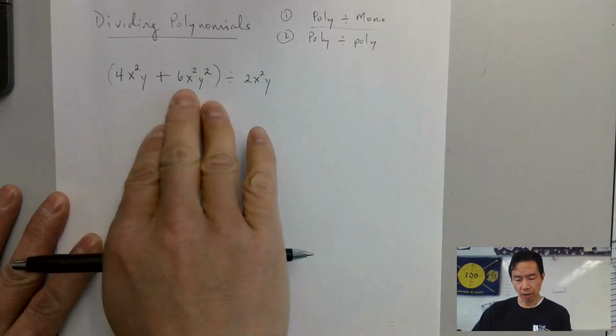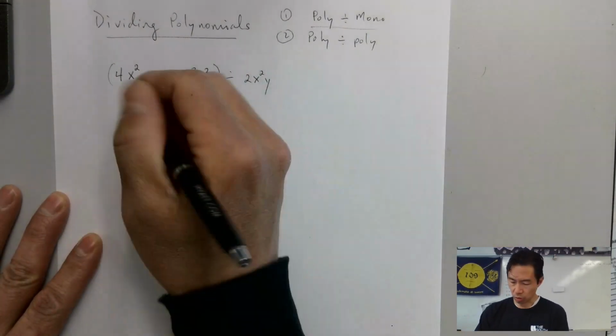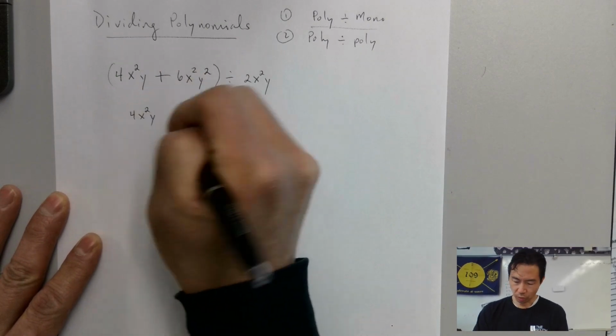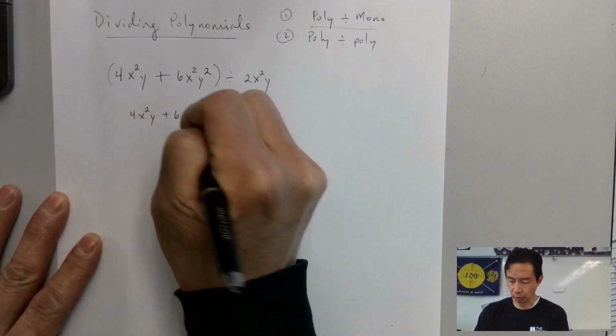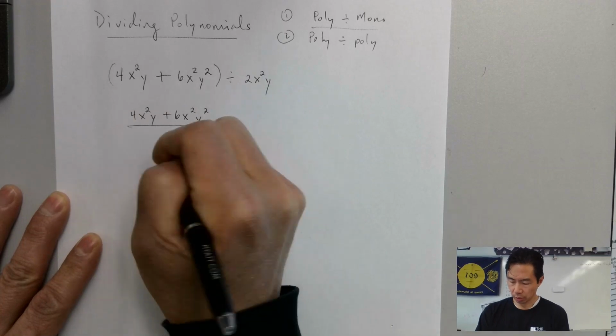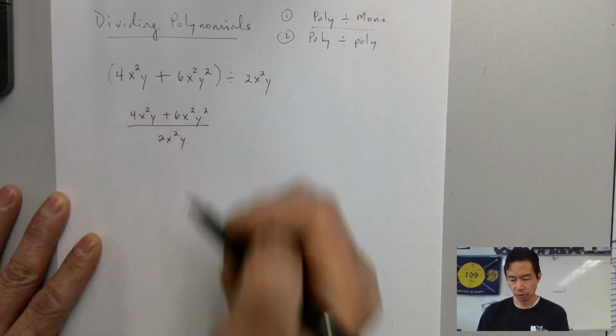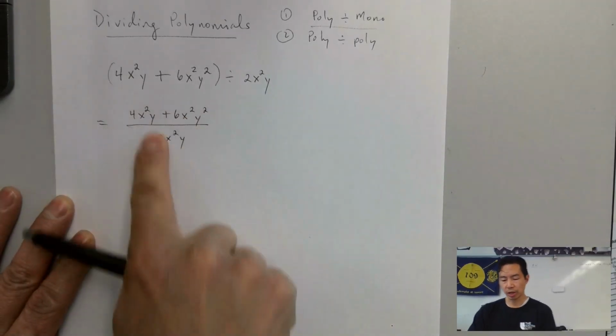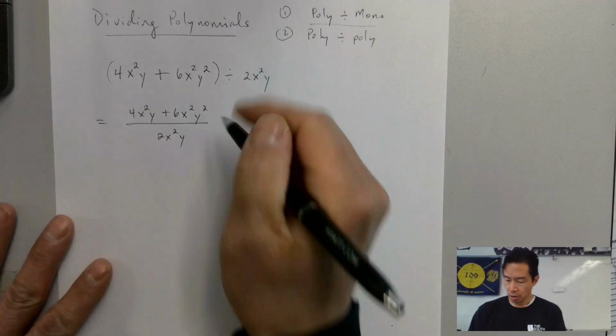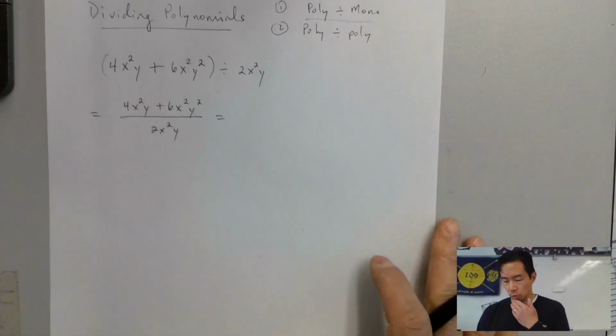Okay, we can write it using this division symbol, or I personally prefer writing it as a fraction, like this. It's the same problem, but I like looking at it like this, and get to work.